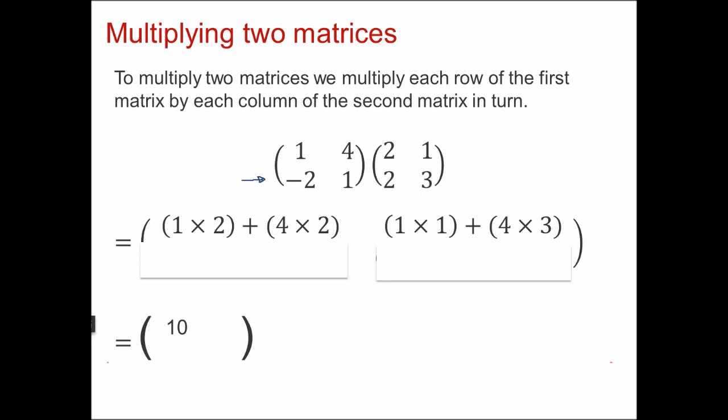So looking at the second row and the first column, we get negative 2 times 2 and 1 multiplied by 2. And then finally, second row of the first matrix multiplied by the second column gives us negative 2 multiplied by 1 and 1 multiplied by 3.